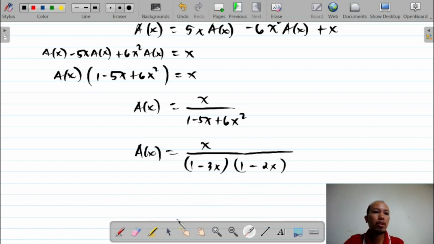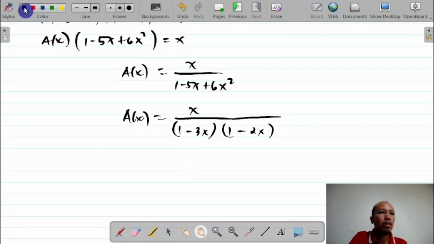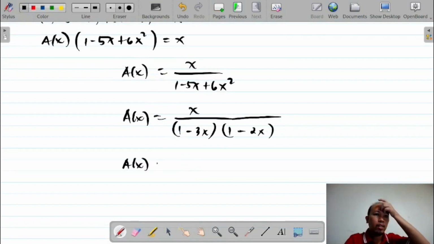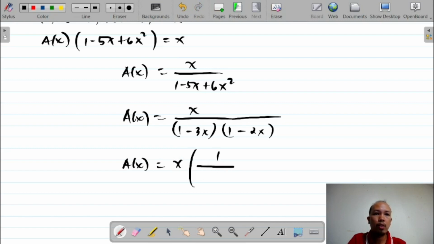Using partial fractions, I will not show it here, just do it at home. So a of x is equal to x, no, not that one. This is equal to x times 1 over 1 minus 3x minus 1 over 1 minus 2x.